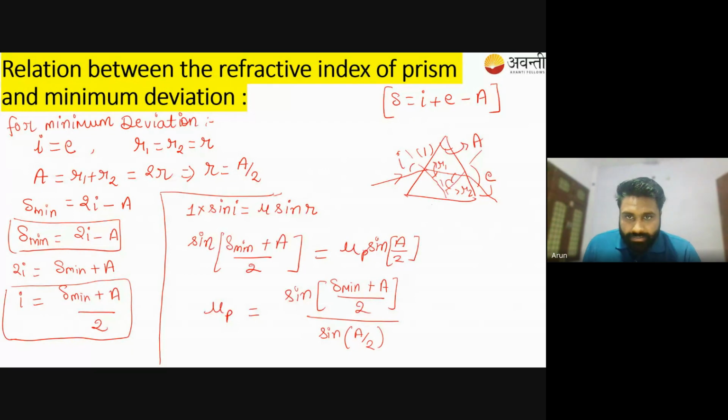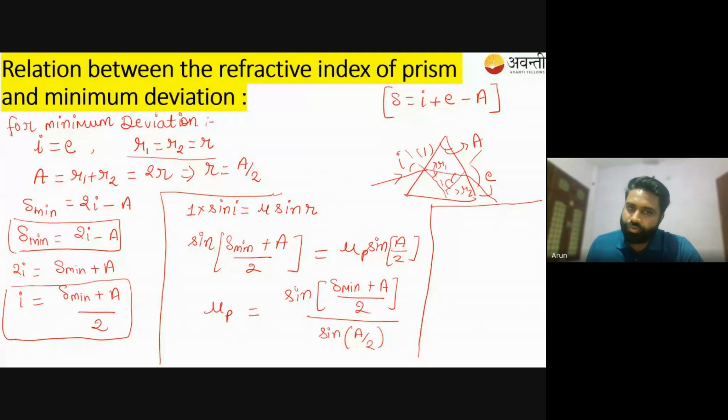You are wondering how I am able to write R1 equals R2. How will R1 and R2 be equal? Let's see. Apply Snell's law on the first boundary.